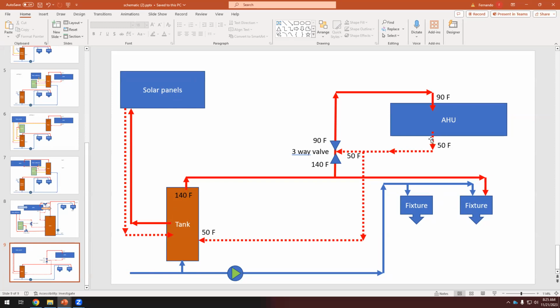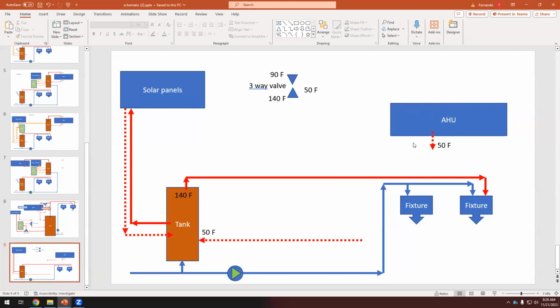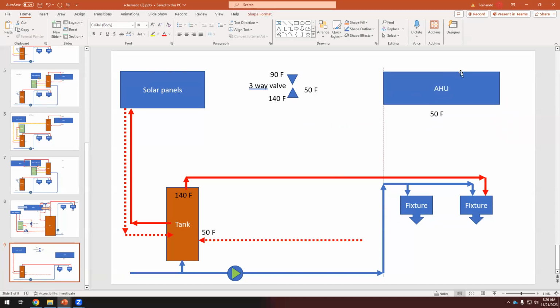Is there anything connected to the air handling unit? No, we don't have anything connected to the air handling unit. Probably we are going to need this three-way valve, but not here, because the air handling unit is just on the roof.